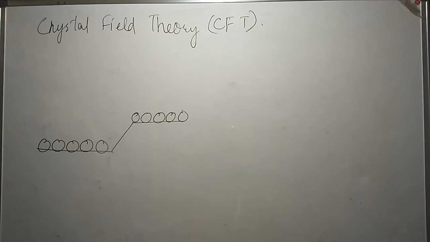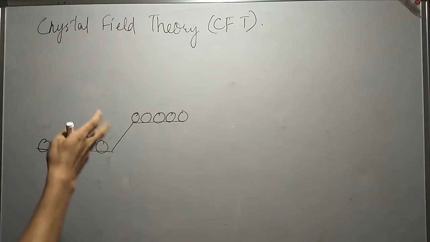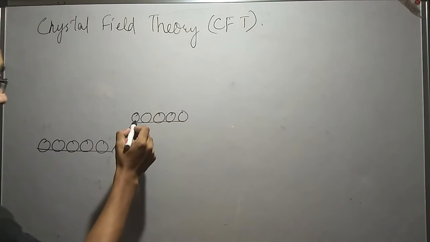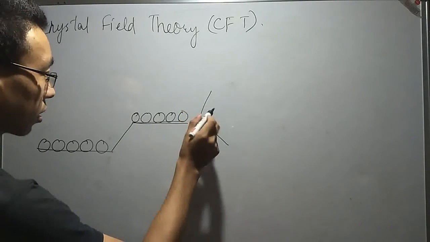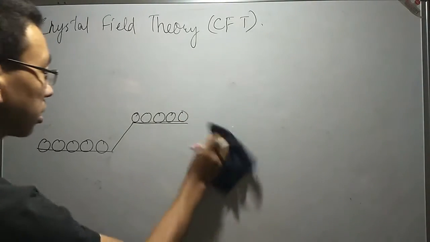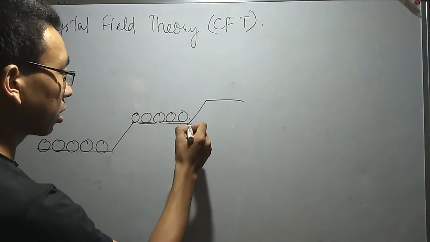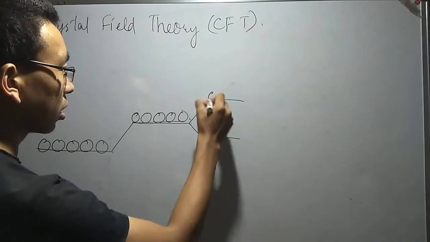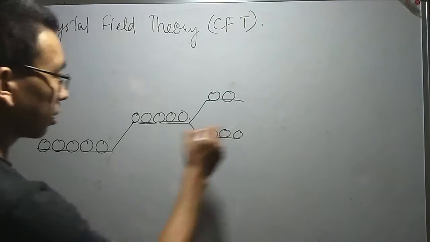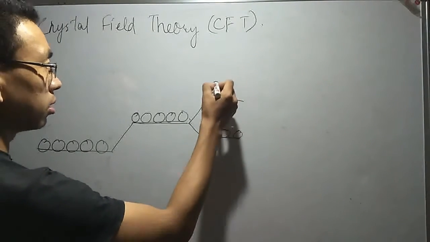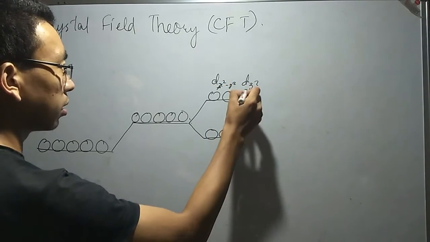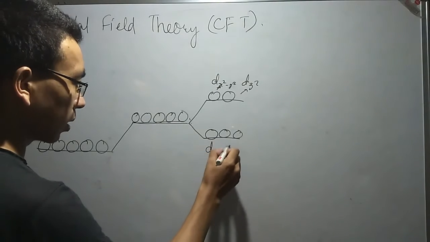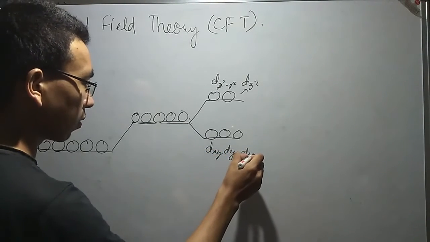But since the orientations are different, for an octahedral complex the 5 d orbitals will split in this way, where these are dx square minus y square and dz square, and this set is dxy, dyz and dzx orbitals.